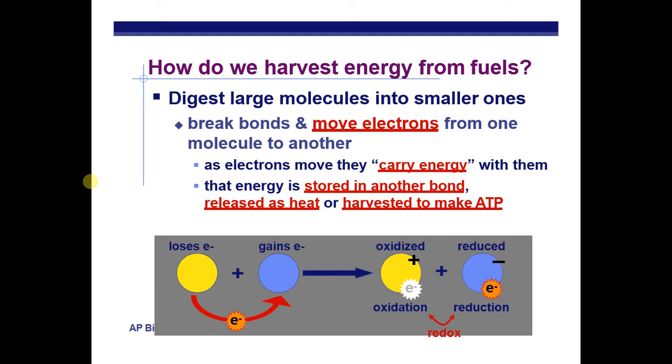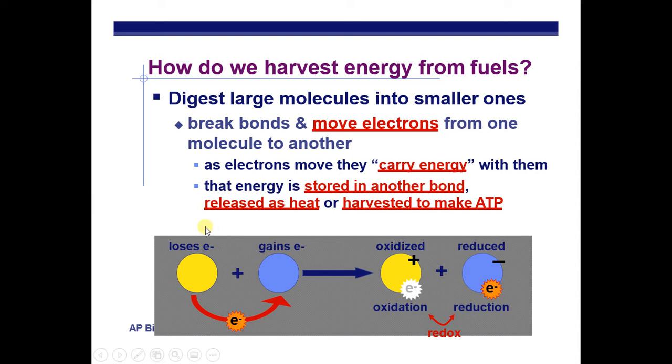We put them into electron carriers that carry energy with them in the form of stored electrons, stored in another bond in that carrier molecule, that we can eventually use to make ATP or release directly as heat in the organism.